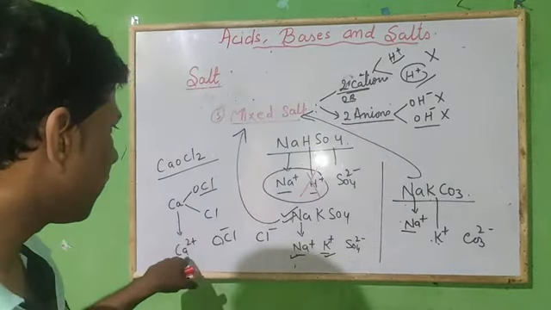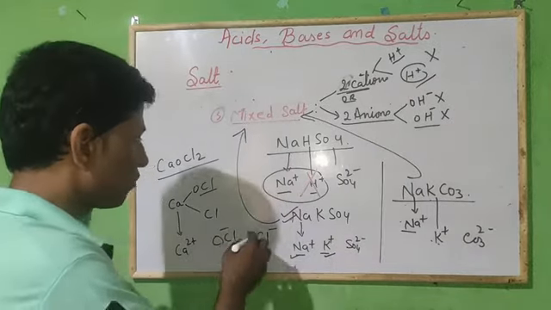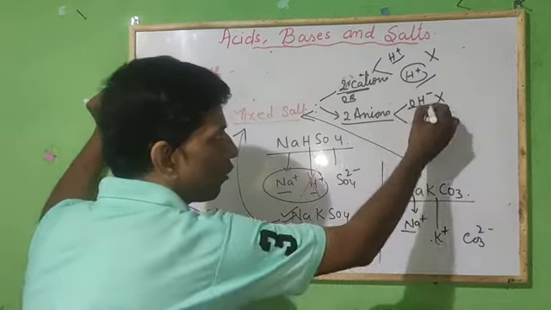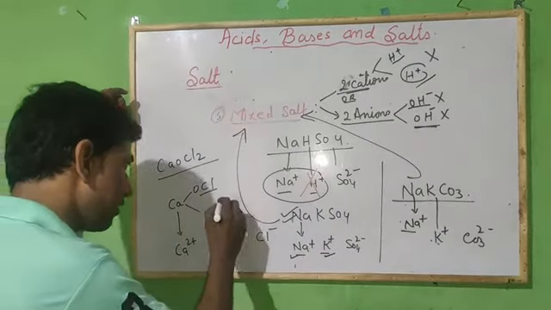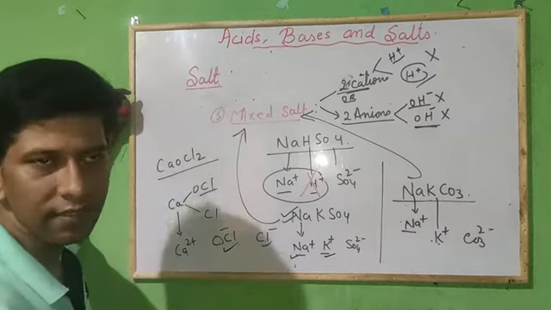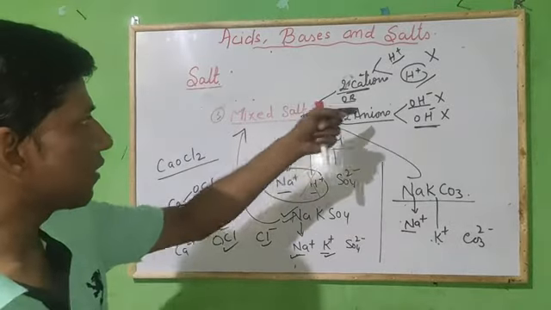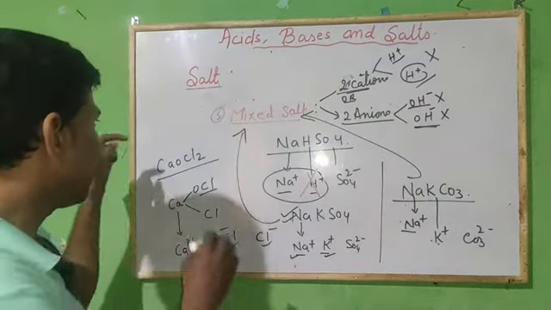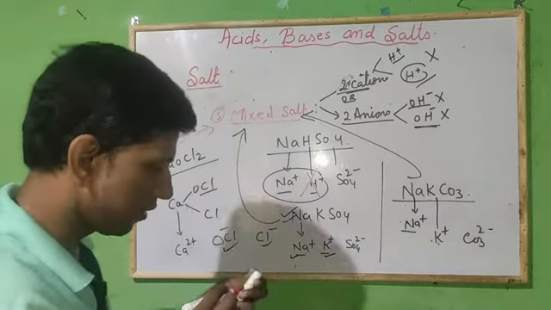Here only one cation and two anions are there. Out of these two anions, neither should be OH minus. The first anion is Cl minus, and the other is OCl minus. So both are anions and it fulfills the condition of mixed salt. That is why bleaching powder is also a mixed salt.